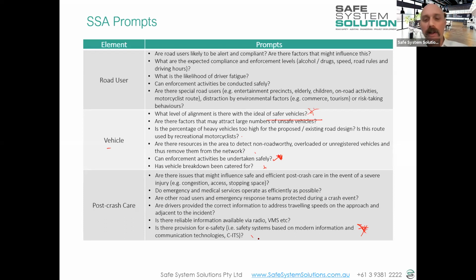But there's also a little bit of this new stuff called roads that cars can read, and it's early guidance, mainly out of Europe, that indicates the features of a road environment that the cars of the future are relying on. And you can start to do a bit of that thinking in a safe system assessment.